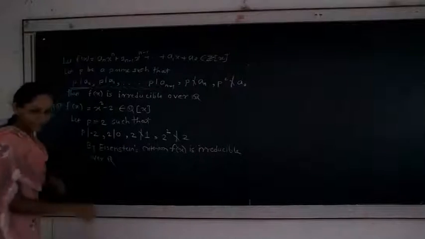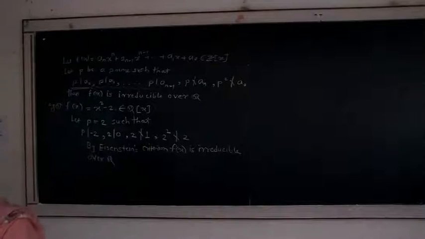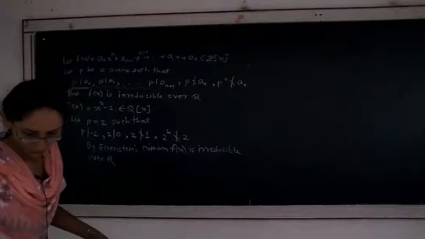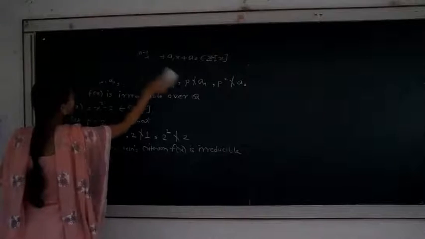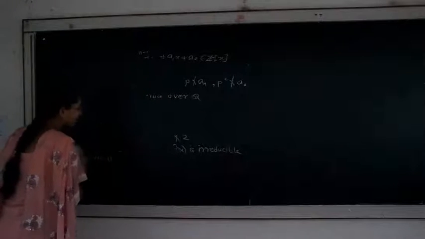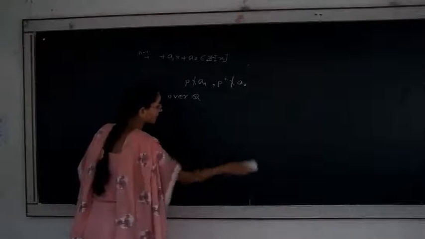Next example, example number 2. The example is the cyclotomic polynomial. The pth cyclotomic polynomial has the symbol phi p. Let us see that example.